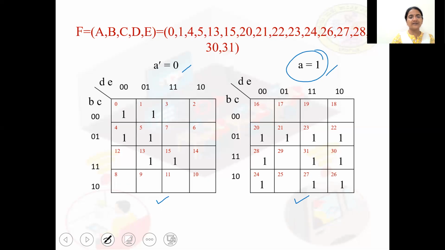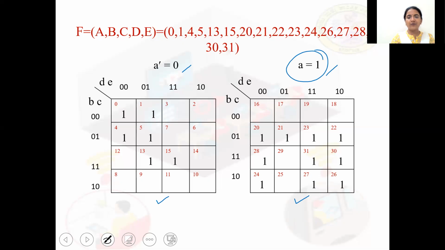Next, we check for logical adjacencies and form the largest groups possible. Now we can consider these two K-maps and check for logical adjacencies. Here 20, 21, 23, 22 forms one quad. 0, 1, 4, 5 forms another quad. 30, 31, 27, 26 forms another quad.